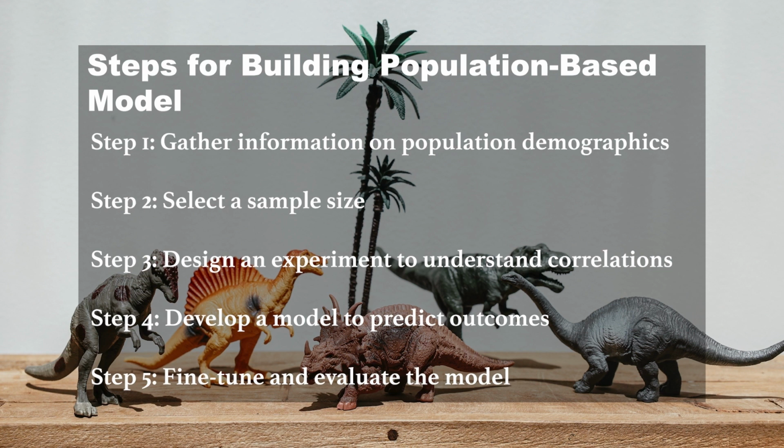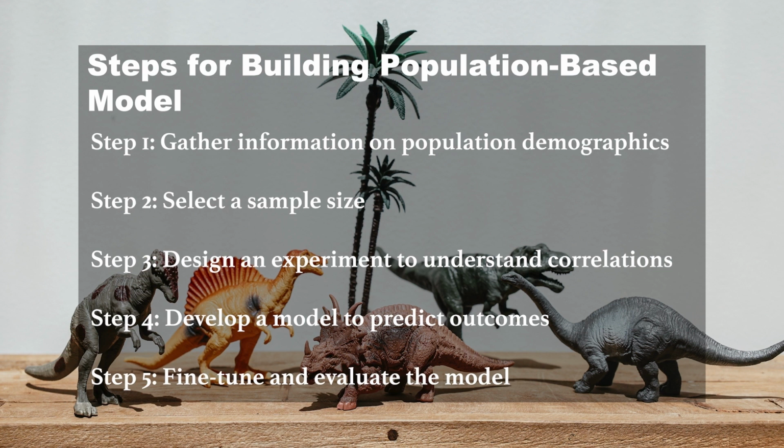In the third step, design an experiment to understand the correlations. Experiments help to better understand the correlation between population demographics and outcome variables. By carefully designing a study, researchers can account for different demographic characteristics and measure the correlation between them and the outcome variables. The fourth step, develop a model to predict outcomes.